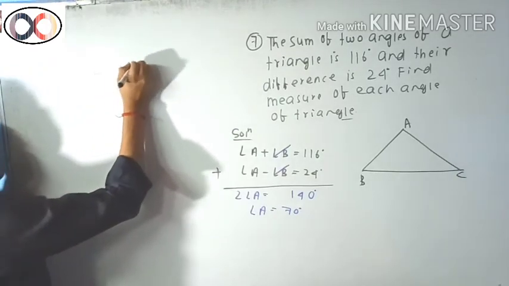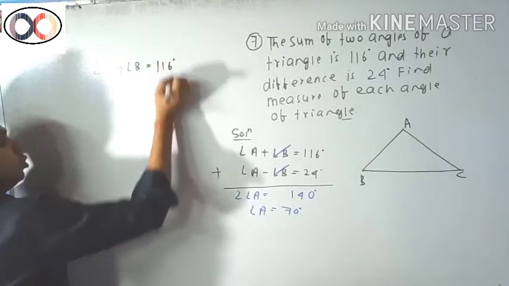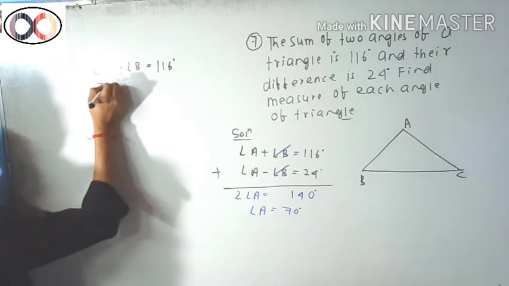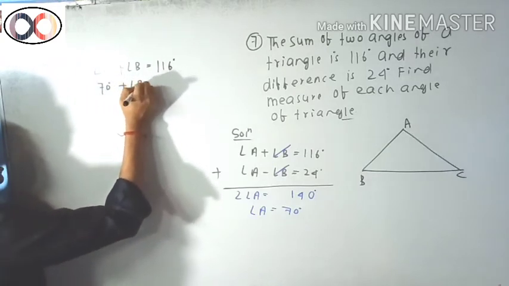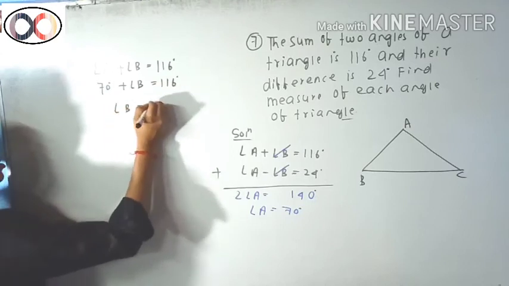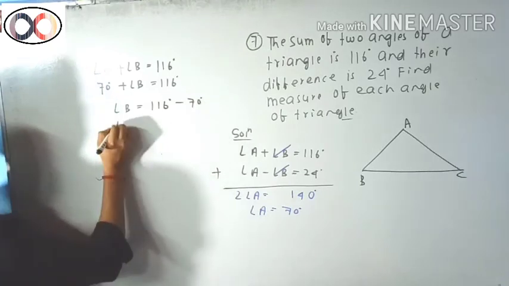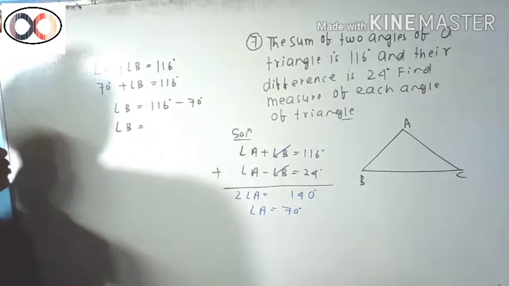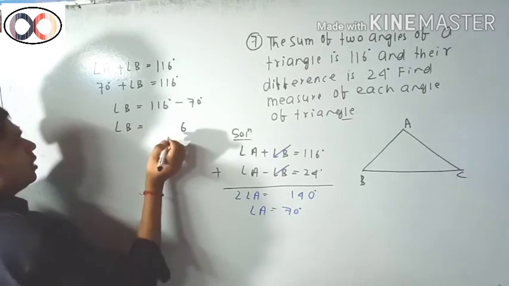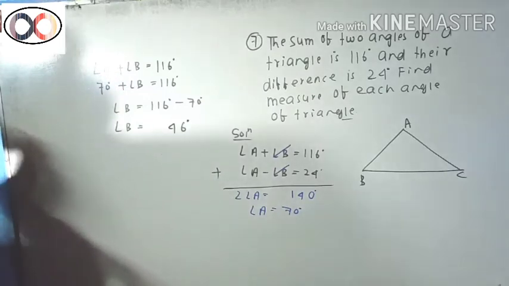Angle A plus B is 116 degrees, and the value of A is 70 degrees, so angle B will be 116 minus 70. After the subtraction, the value of B equals 46 degrees.